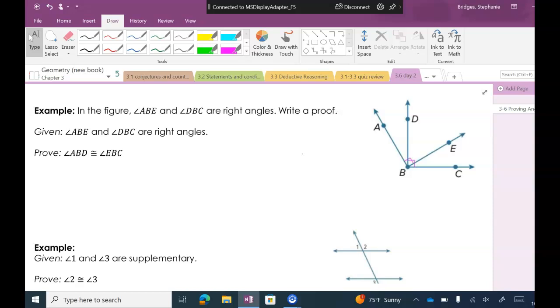Does everybody see that? ABD, this small angle right here, plus DBE, this small angle here, add to give me that big angle. Yes?